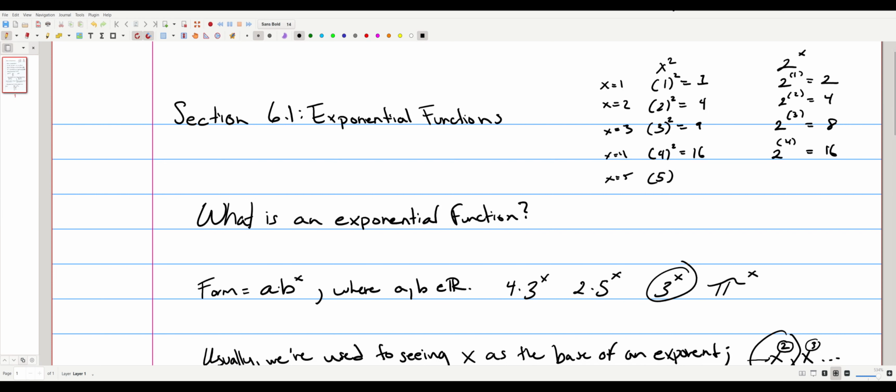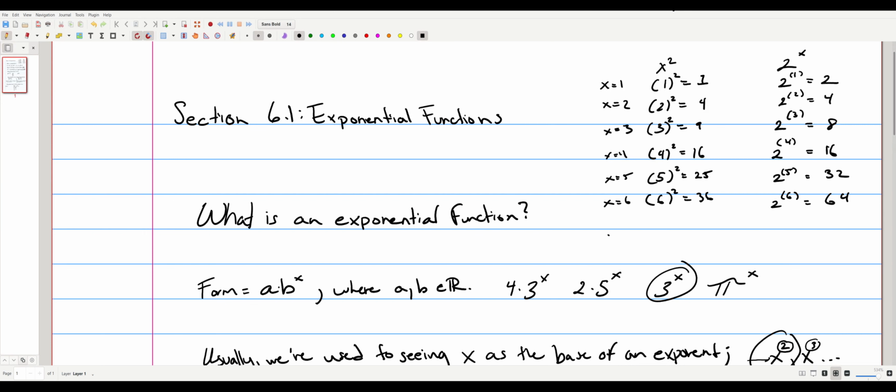We have 5 squared, 25. We have 2 to the fifth, that's going to give us 32. x equals 6. That's going to give us 36. 2 to the sixth, that's going to give us 64.